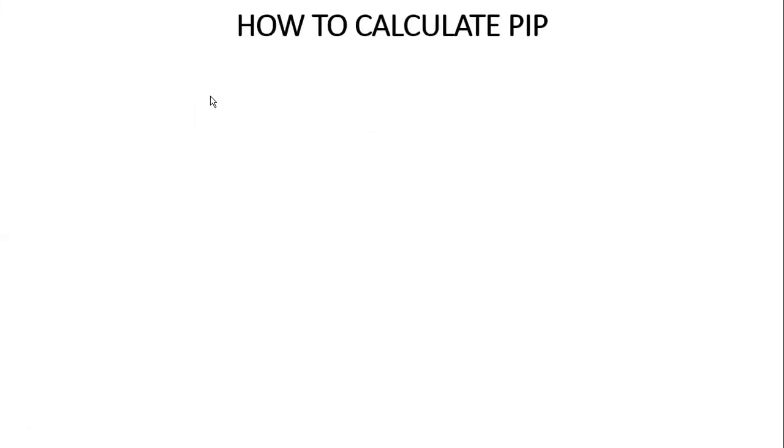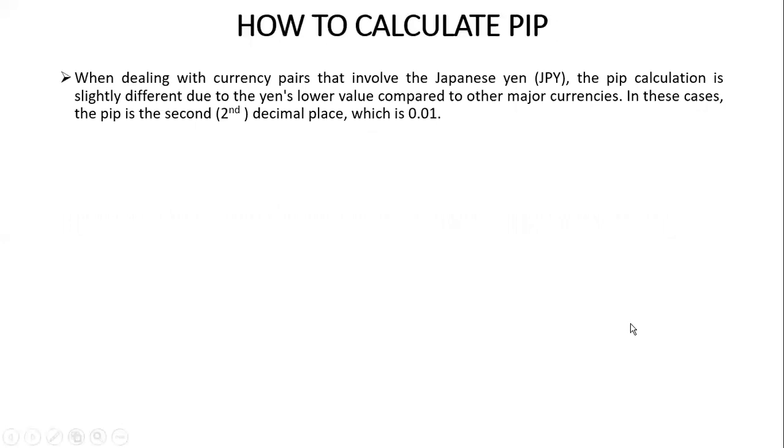Now, how to calculate pip? We are continuing. Now we are going to look at some other examples. When dealing with a currency pair that involves the Japanese yen, the pip calculation is different due to the yen's low value compared to other major currencies.